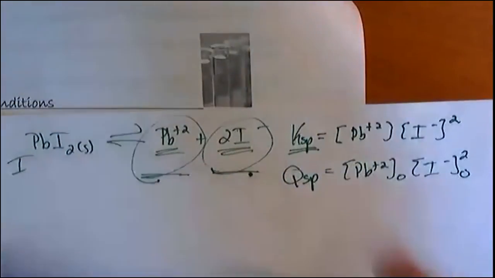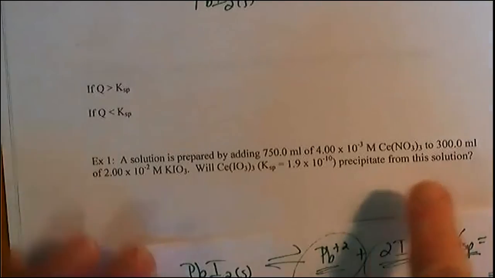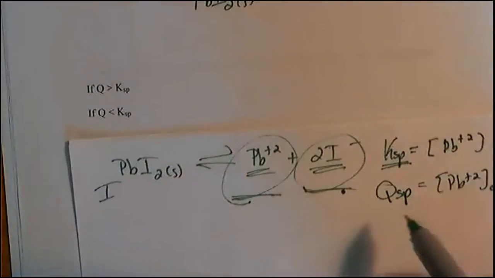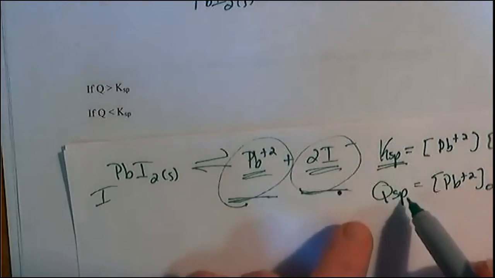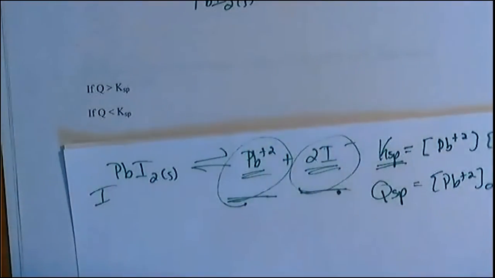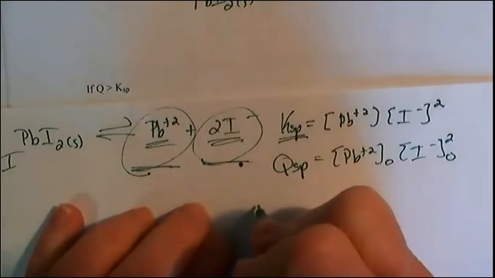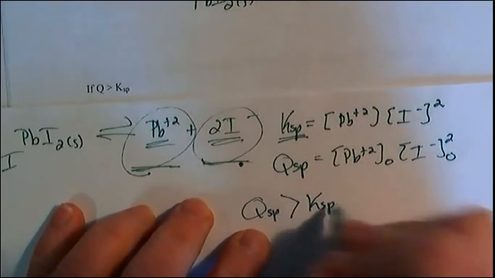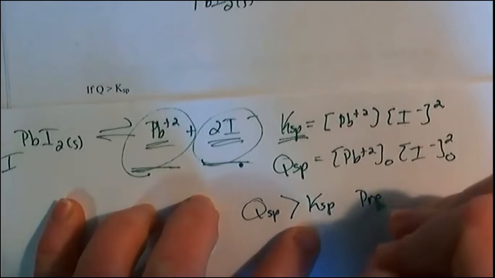And so what is the situation that we're given? What volume and concentration of our different ions do we have? And is it less than or greater than KSP? If QSP is greater than KSP, then the precipitate will form.